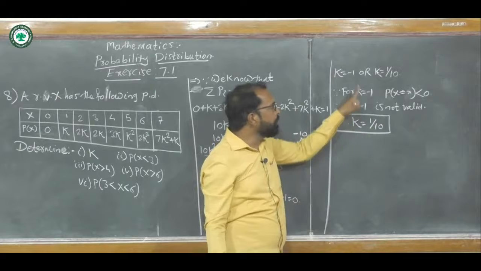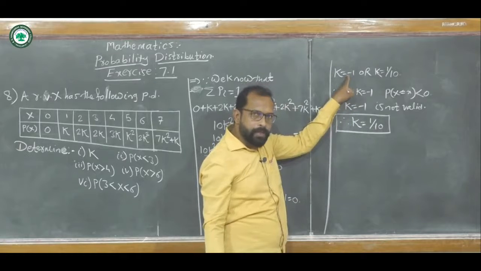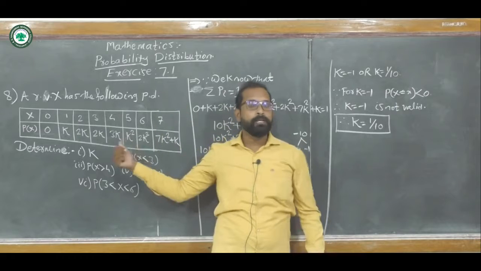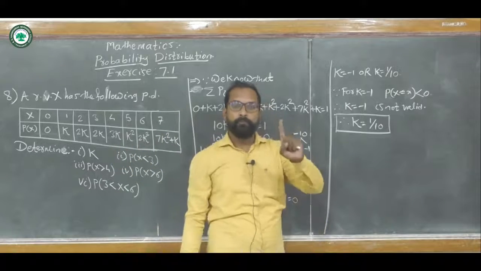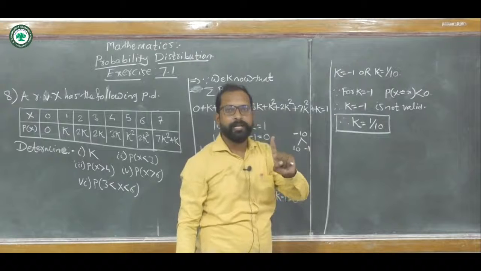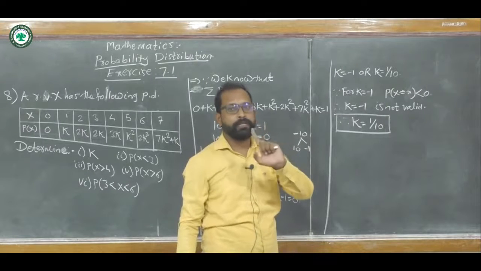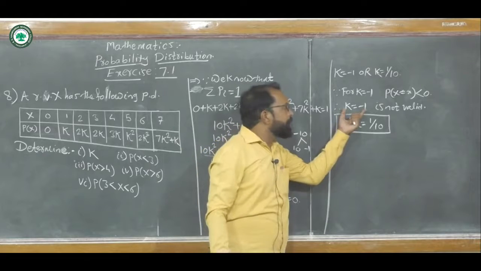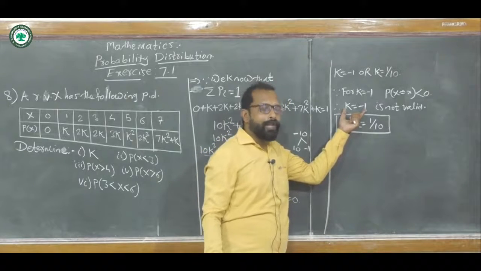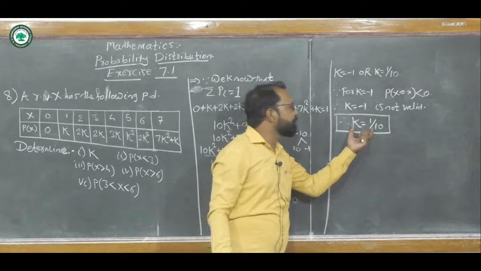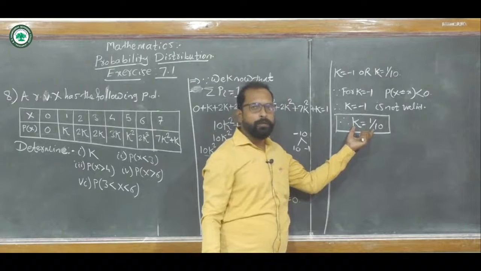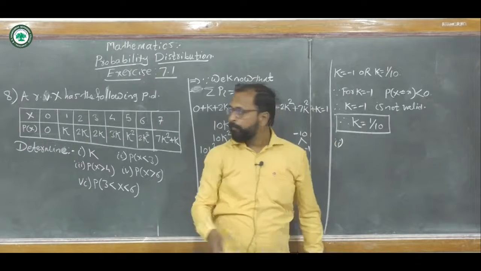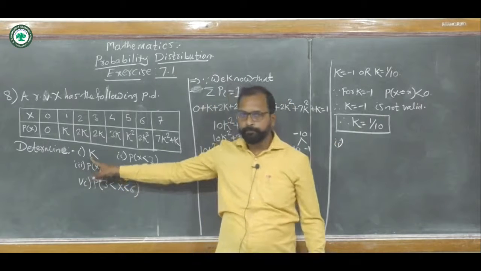Remember, for k equals minus 1 these probabilities become negative, and we have the first condition that all probabilities must be greater than or equal to 0, that is non-negative. So we consider only k equals 1 upon 10. This is the first sub question, finding the value of k.